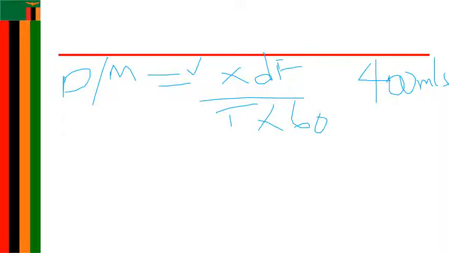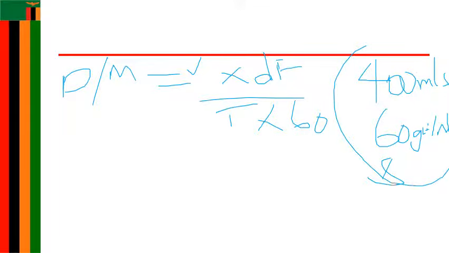The drop factor is 60 drops per ml. The time we've been given is 8 hours. So we have everything here, and we already know 8 hours is 480 minutes.